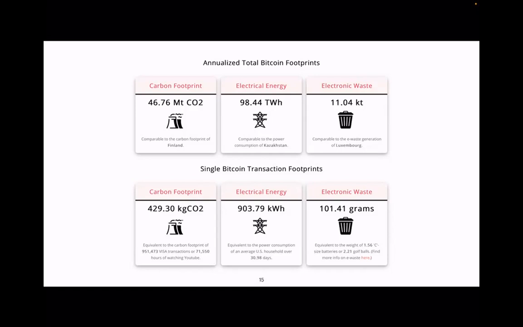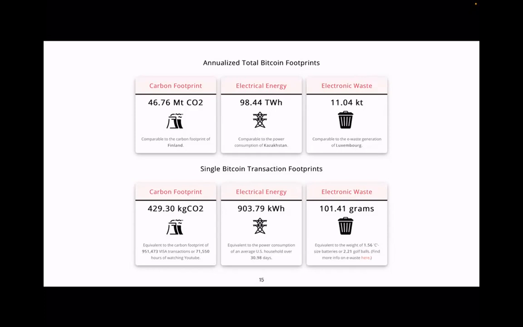Since reliable and cheap electricity is a must for profitable mining, these regions offer very attractive conditions for miners to settle. If we were to look at the numbers that we have in front of us, we can see that annually, the carbon footprint of the Bitcoin network is 47 megatons of CO2, which is comparable to the carbon footprint of Finland, for example.